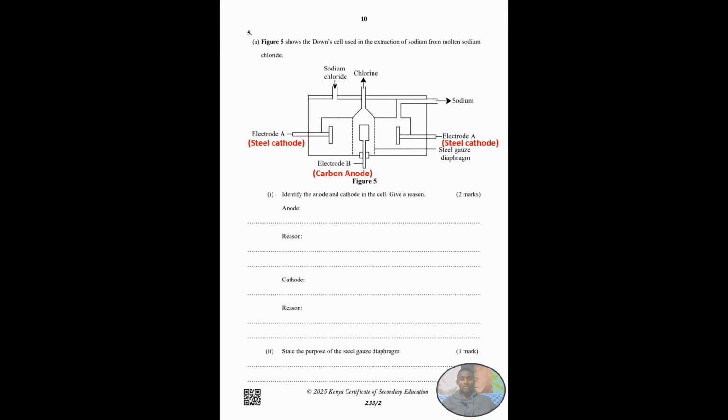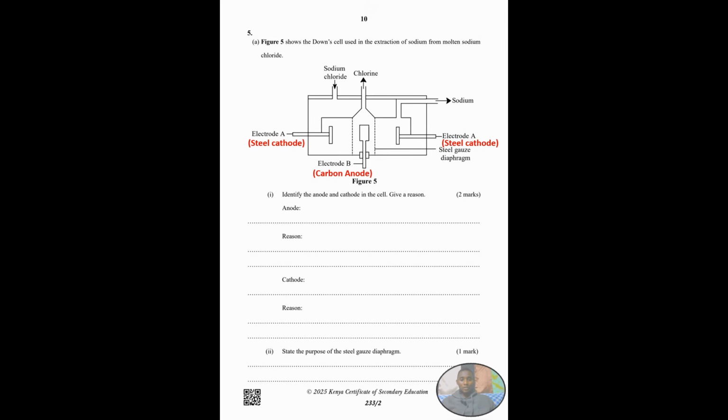At the cathode, sodium ions are discharged. They gain electrons, and sodium metal in the form of a liquid is formed at electrode A. And we can see a steel gauge, a diaphragm, which separates the chlorine formed from the sodium formed and prevents them from recombining once more.